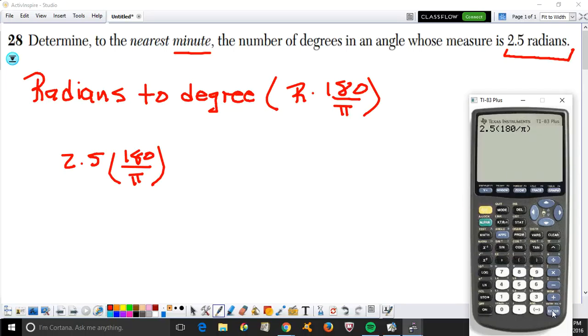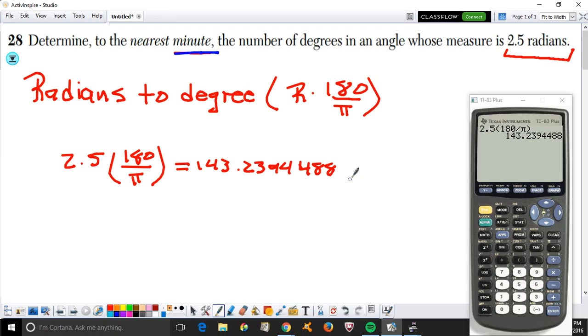So now we have 143.2394488. But you see that here they're asking our answers to be to the nearest minute.